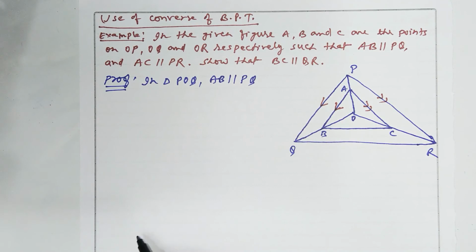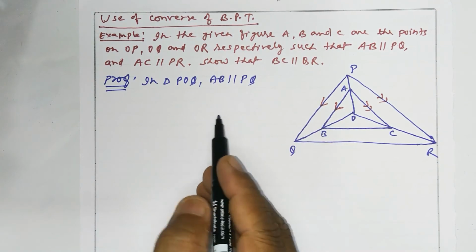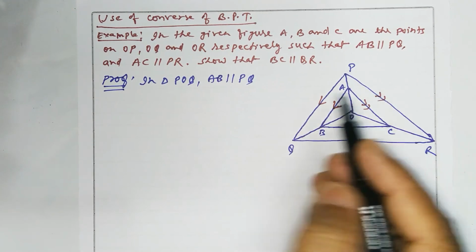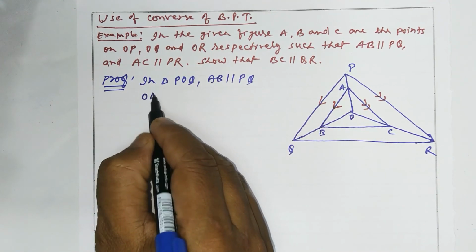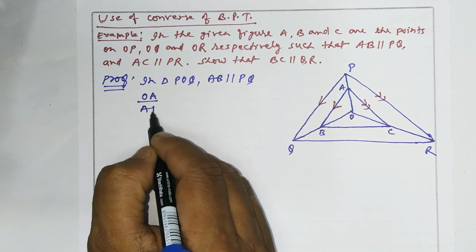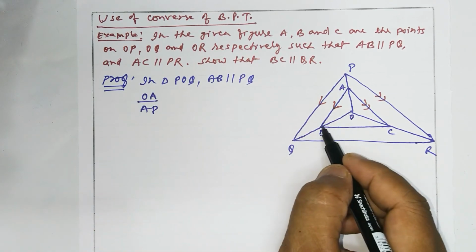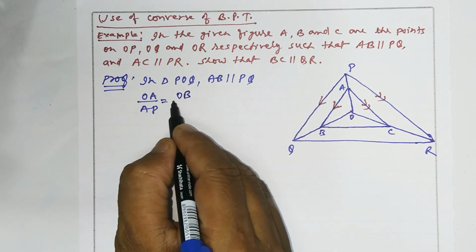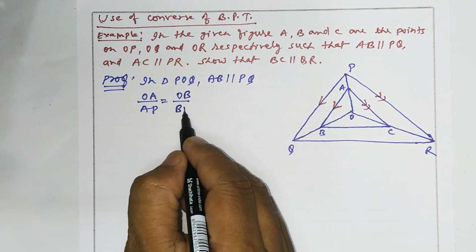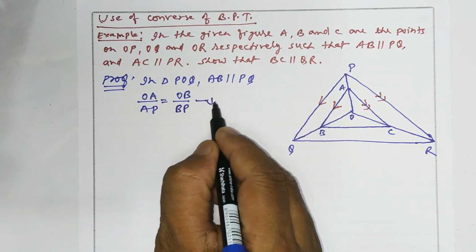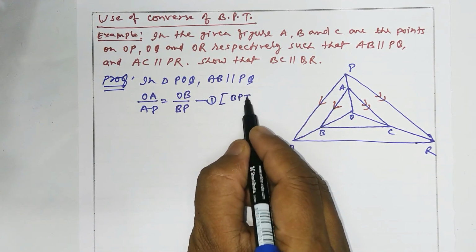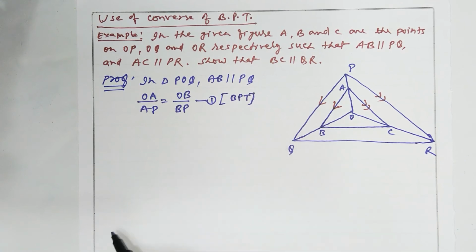This is given. We can directly use the BPT here. According to BPT, OA by AP is equal to OB by BQ. This is our equation number 1, and here we use BPT to write the result.